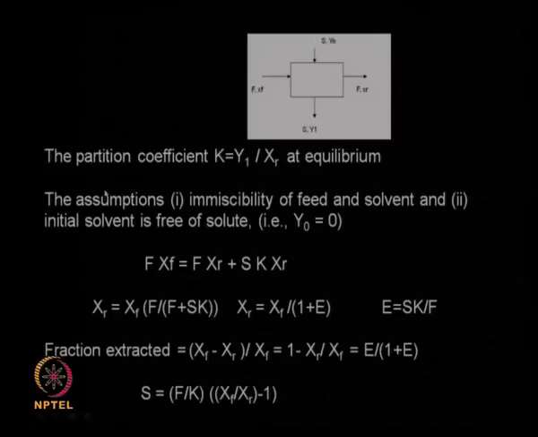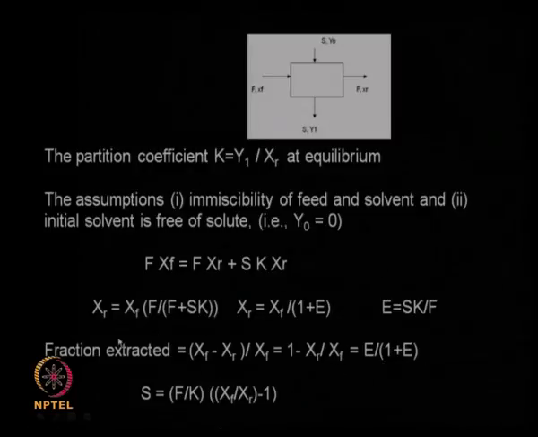Now, what is the fraction extracted? The fraction extracted is given by XF, the initial concentration, minus XR, the concentration after extraction, divided by XF. So, XF minus XR by XF. If you rearrange and substitute this, you will get fraction extracted equal to E by 1 plus E, right.